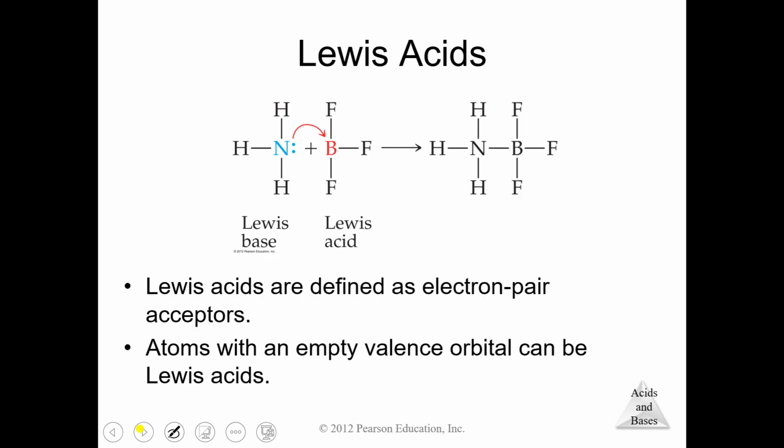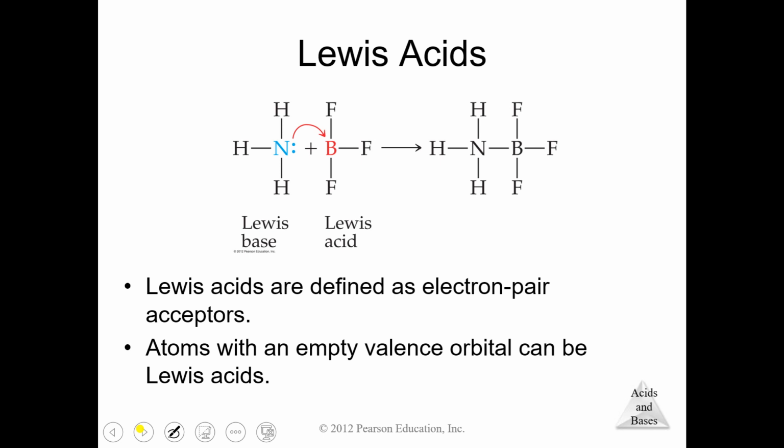With Lewis acids, let me start over. We started talking about Arrhenius, and Arrhenius acids and bases said acids will put off a hydrogen into solution, and bases will put off a hydroxide into solution. That's great, that's true, but it didn't take into account bases that don't have a hydroxide, for example, NH3.